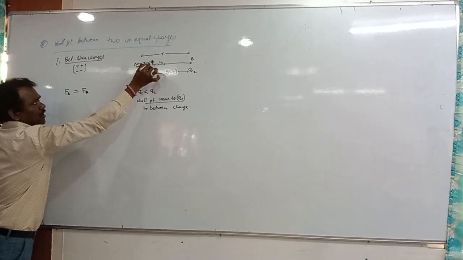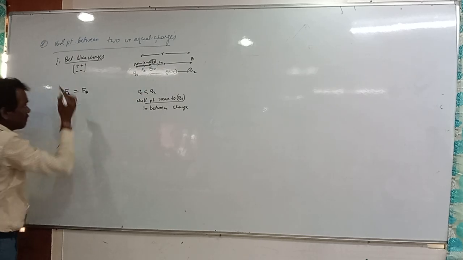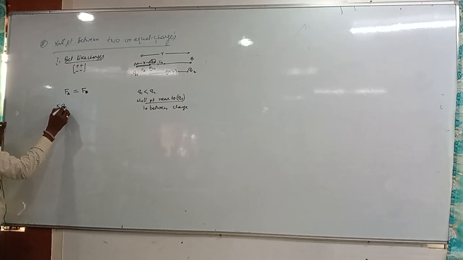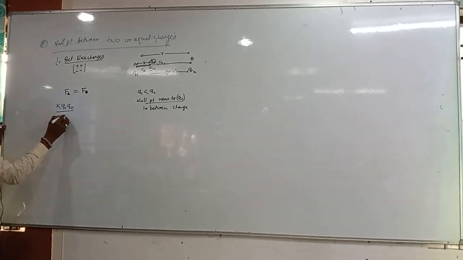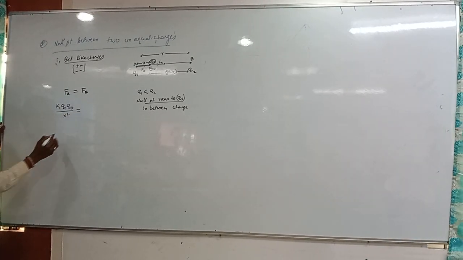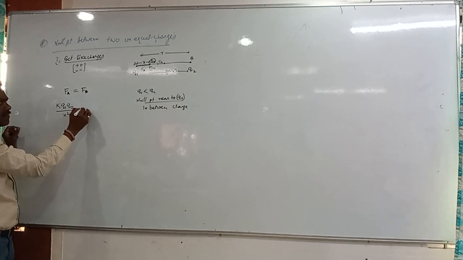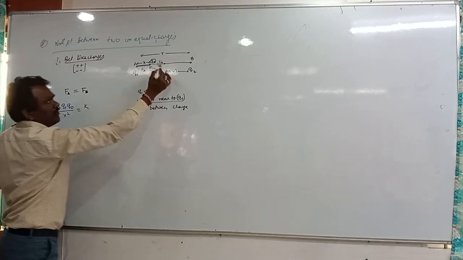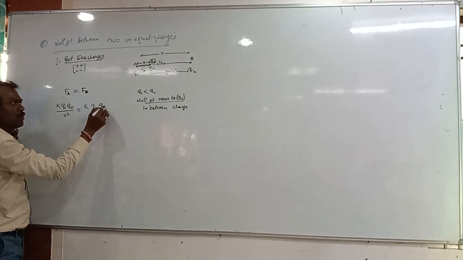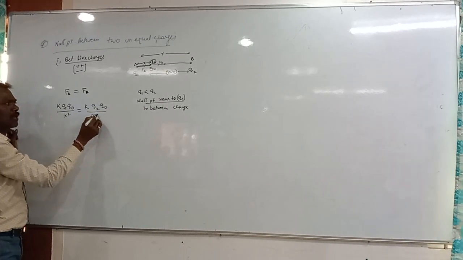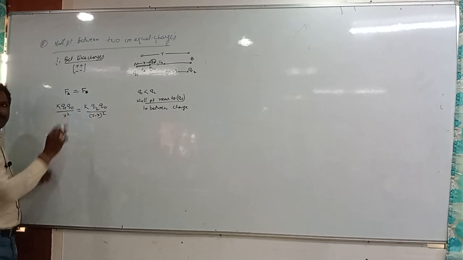What is the force between this q1 and the test charge? Take any q naught as the charge. k q1 q naught by x square is equal to k, in between these two charges, q2 q naught by r minus x whole square.